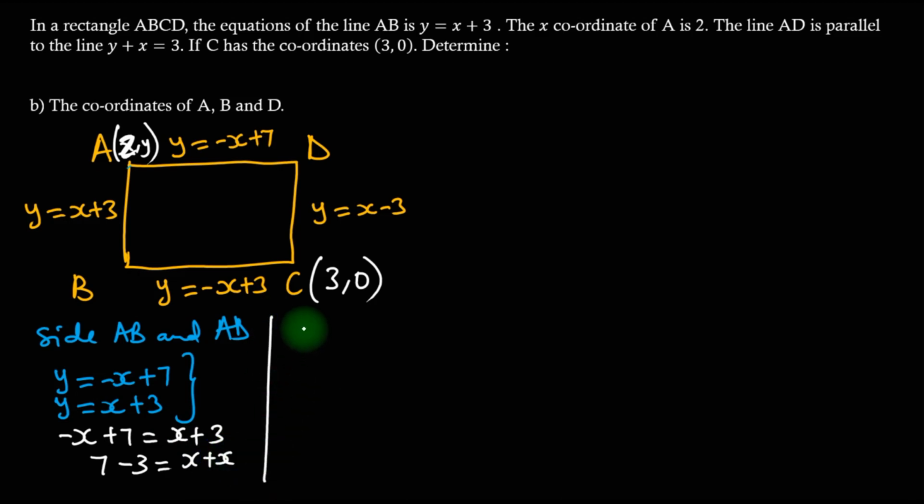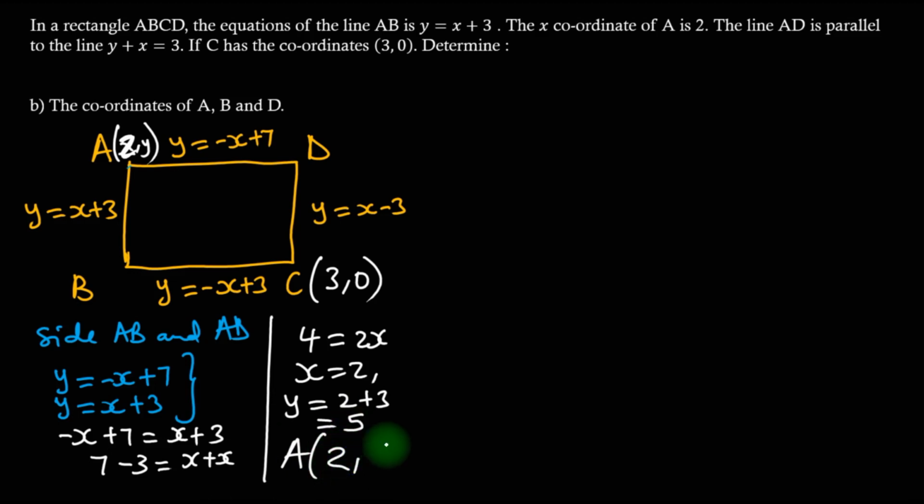So that will be 4 is equal to 2x. Therefore x is 2. Now we substitute this into one of the equations. So y will be equal to 2 plus 3, which is 5. So the coordinates of A is (2, 5).